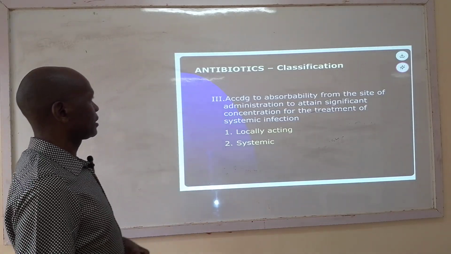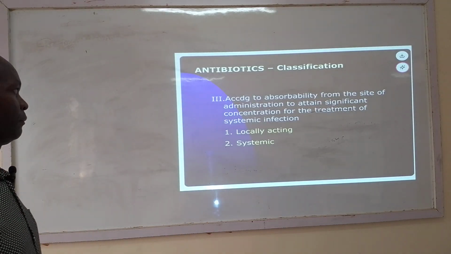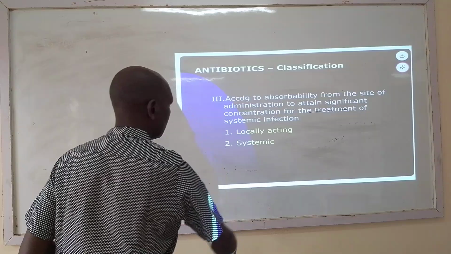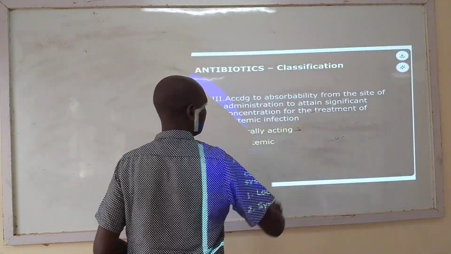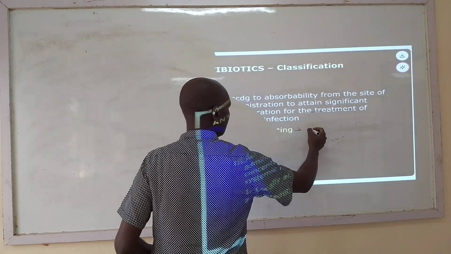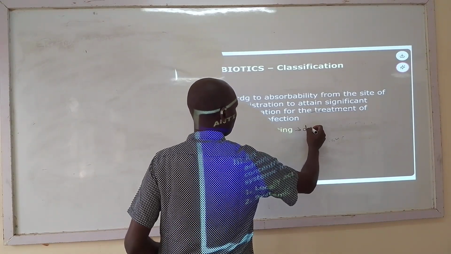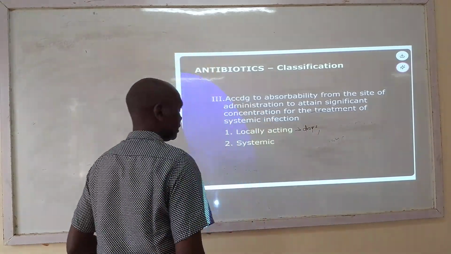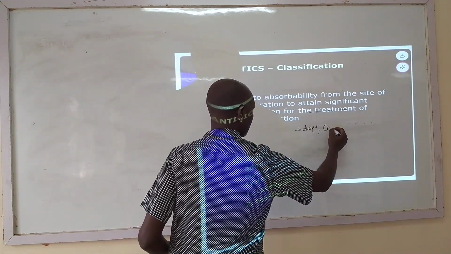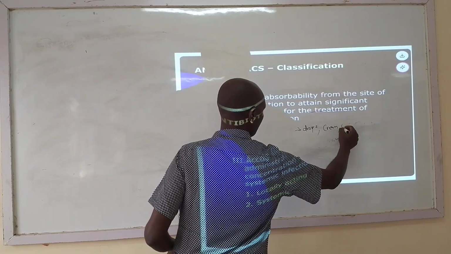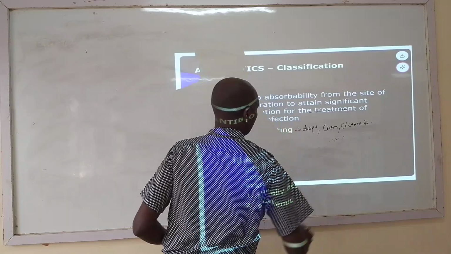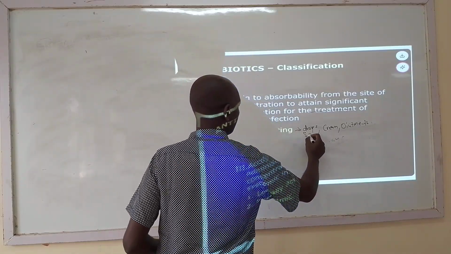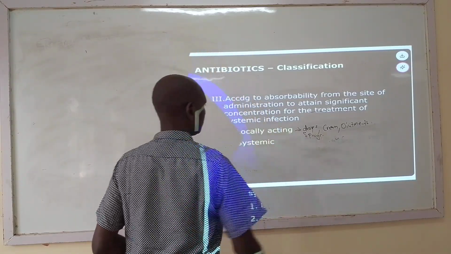Antibiotics can also be classified according to absorbability, and that is locally acting and systemic. Examples of locally acting include eye drops, creams, ointments, and even sprays.